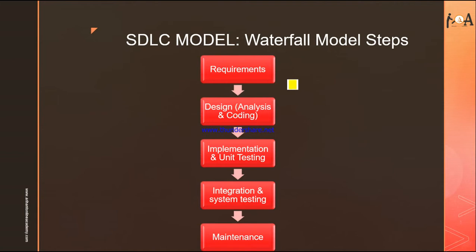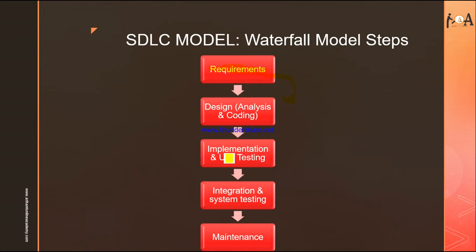The steps of the SDLC waterfall model are: first we have to do requirement analysis. After completion of all the requirement analysis, we will go to the design phase. In the design phase, analysis and coding will be done, basically all the module coding. After that, implementation and unit testing will be done.